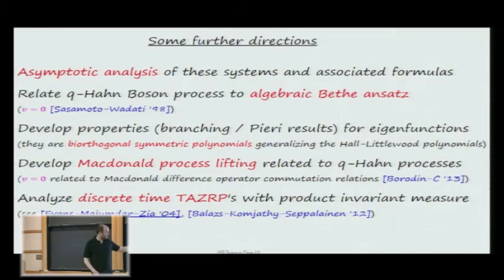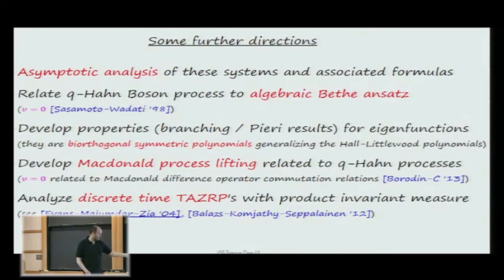These biorthogonal symmetric polynomials that are eigenfunctions are nice generalizations of Hall-Littlewood polynomials. They actually have nice properties in their own right as these biorthogonal polynomials. There should be, or perhaps might be, some relation to a higher lifting of Macdonald processes. In the case of nu equals 0, then there is actually relation with difference operators, Macdonald difference operators.